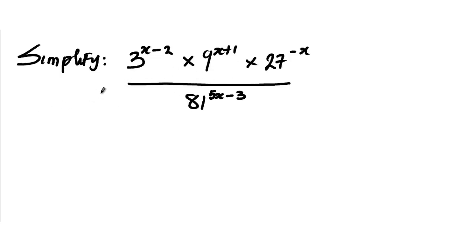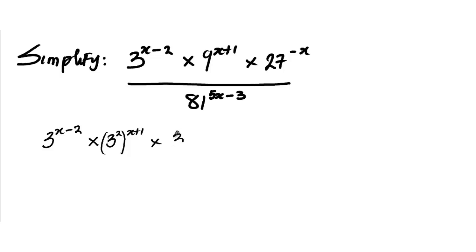So the first thing I will do is 3 raised to power x minus 2 cannot be reduced further, but we can reduce 9. So we can have 3 raised to power x minus 2, then multiplied by 9 can be turned to 3 raised to power 2, into bracket x plus 1, then times 27. 27 basically is 3 times 3 times 3, that's 3 raised to power 3.